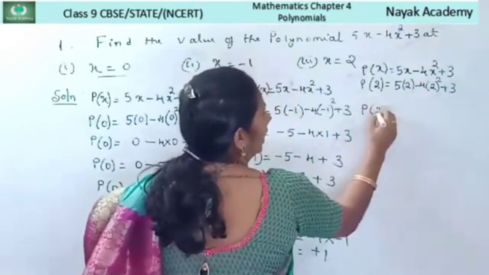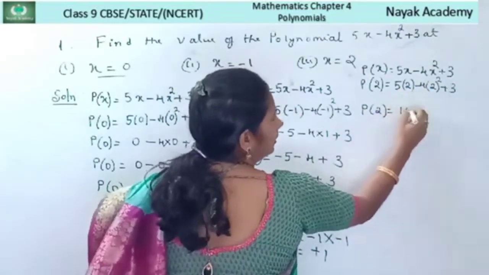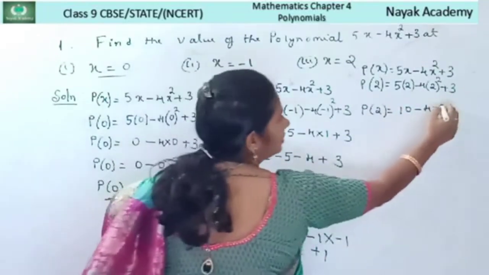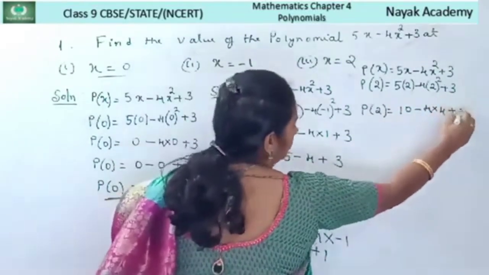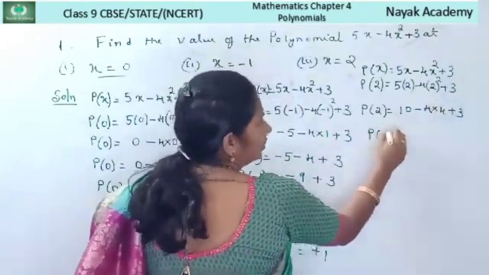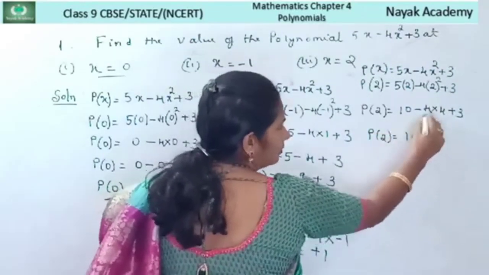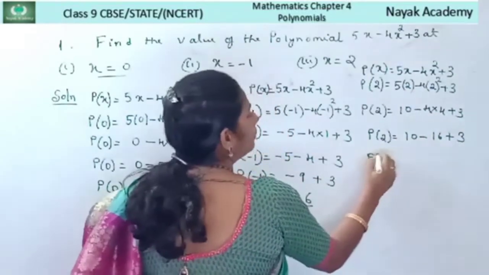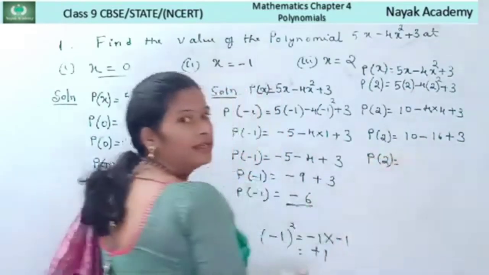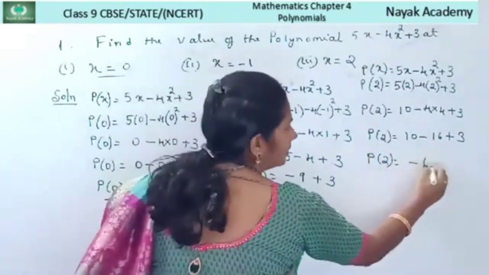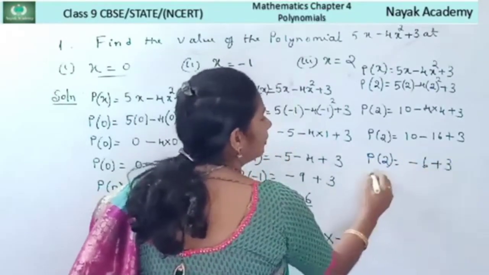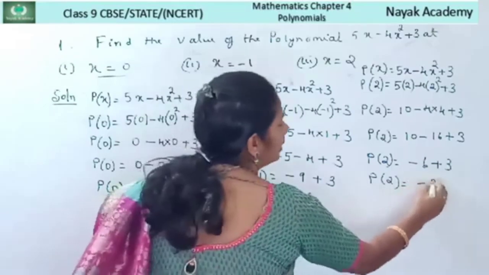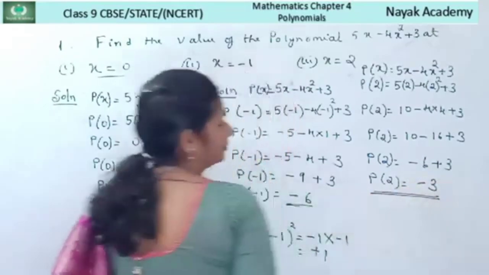So p of 2 value is 5 times 2 is 10, minus 4 into 2 square, it is 4, plus 3. So p of 2 value is 10 minus 4 fours are 16, plus 3. So p of 2 value is 10 minus 16, it is minus 6, plus 3. So p of 2 value is minus 6 plus 3, it is minus 3.